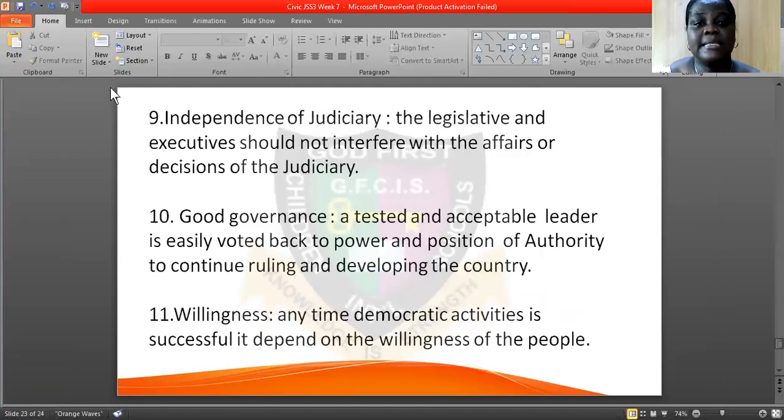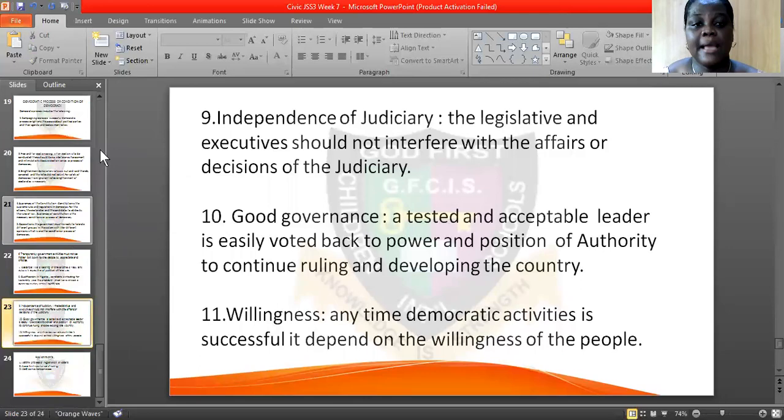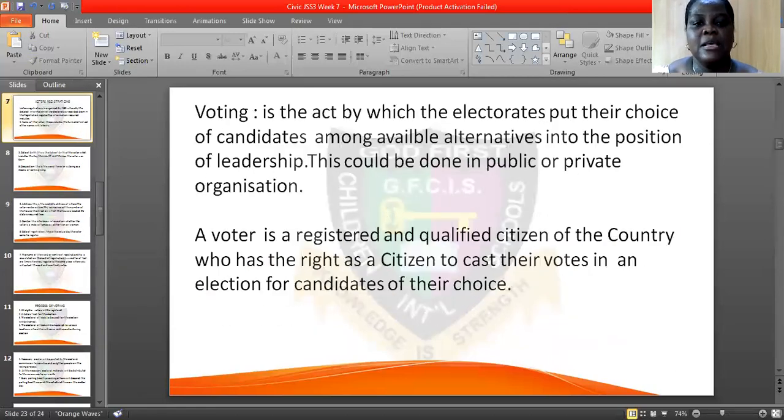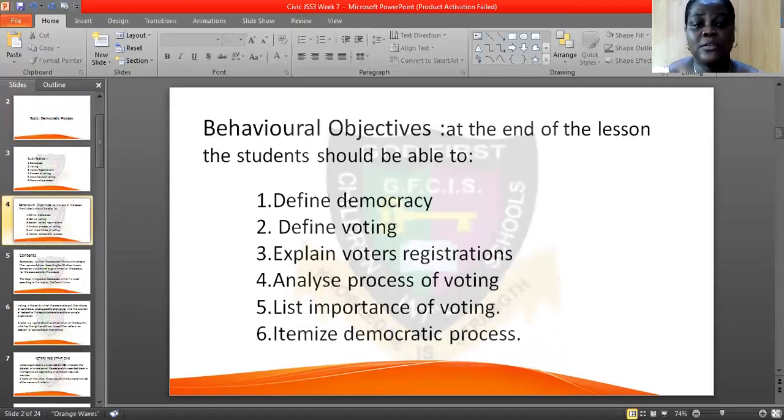And not only that, we said that when the people are ready to choose their government, then they are definitely into democracy. So all these are part of the democratic process.